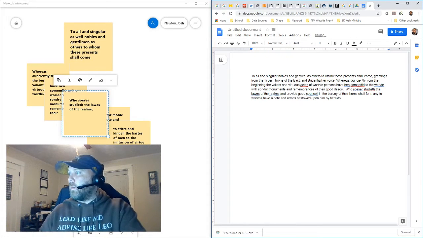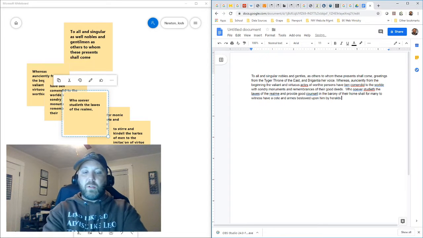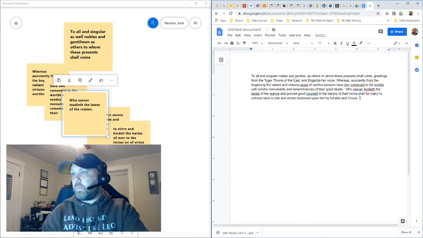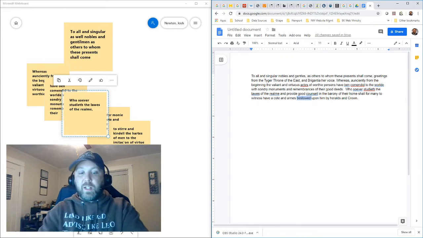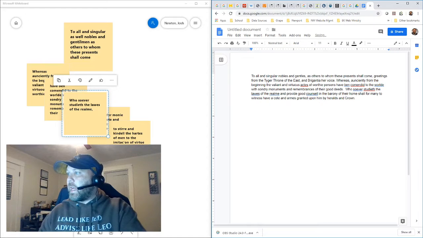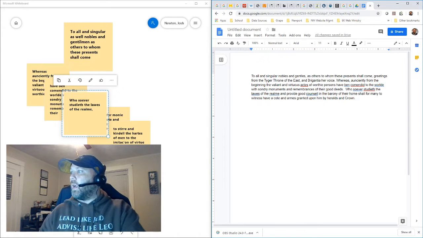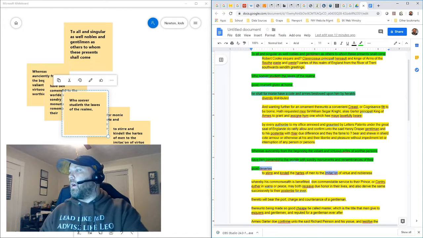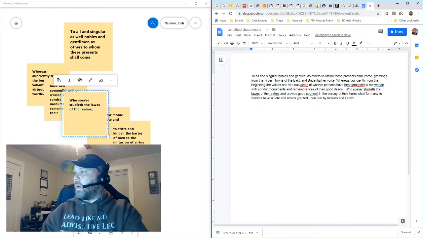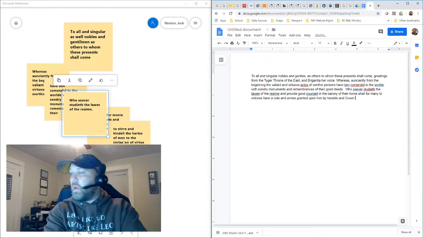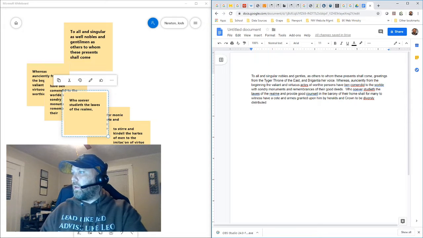"Have a coat and arms bestowed upon them by heralds and crown." Granted. That's where I'm going to throw that in right now, because this is a grant of arms. "Whosoever studieth the laws of the realm and provide good counsel in the barony of their home shall, for many to witness, have a coat of arms granted upon them by heralds and crown, to be diversely distributed."